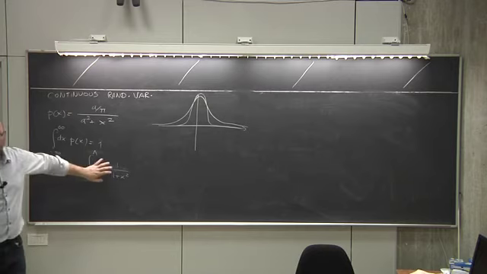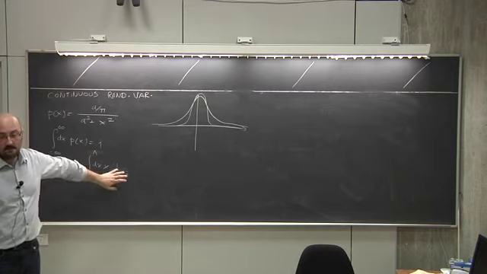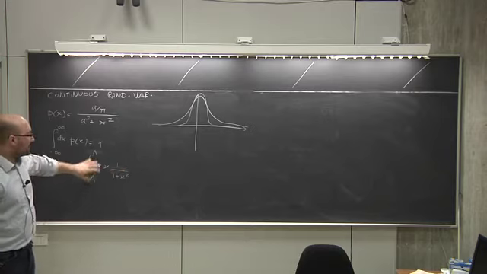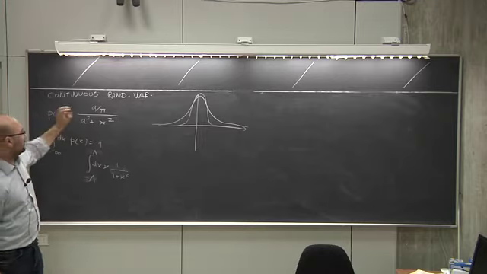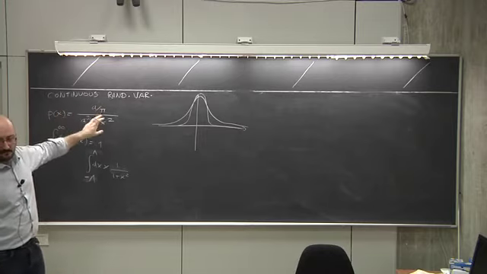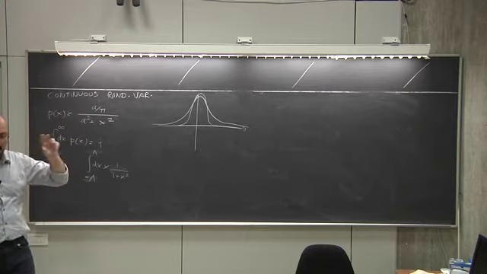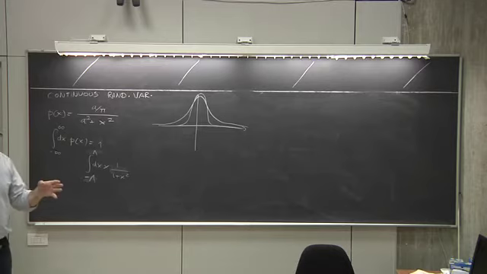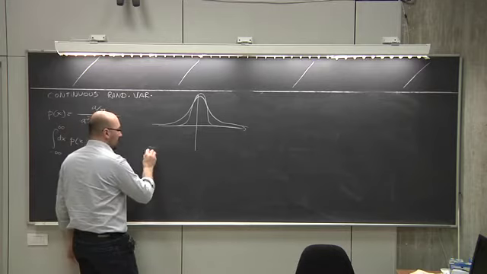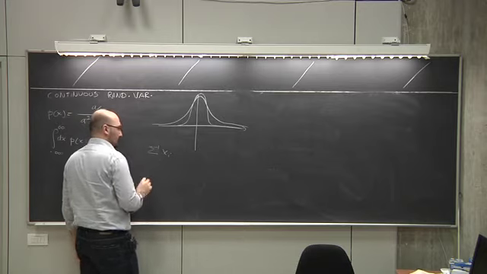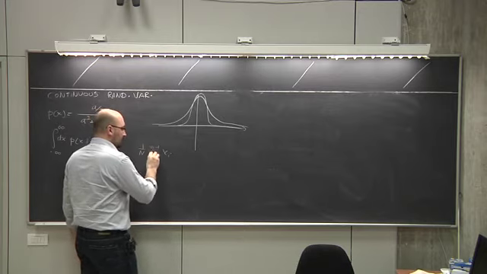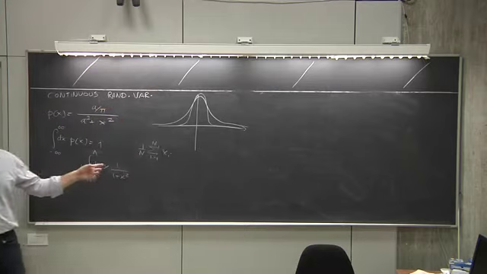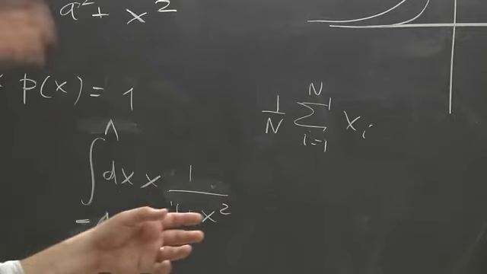And in fact, if you try to estimate the average by taking random numbers distributed with this distribution, the mean of these numbers, the sum divided by the number of extractions, does not converge to 0 very well. Okay? It goes all over the place.